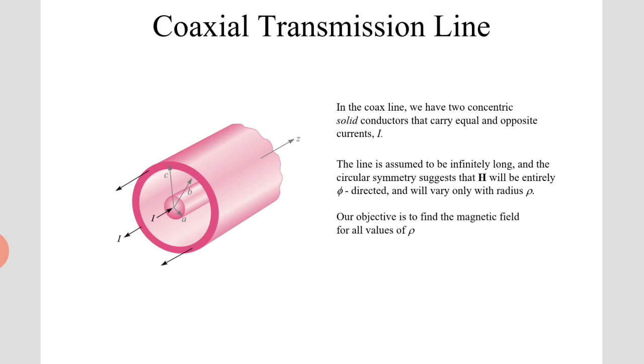Our objective is to find the magnetic field for all the values of rho on this surface, that is, with the radius taking all values of rho. So this surface is considered.